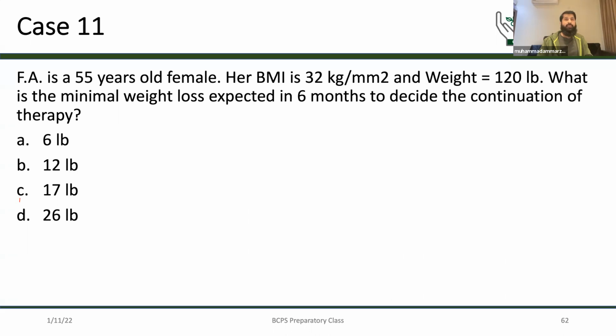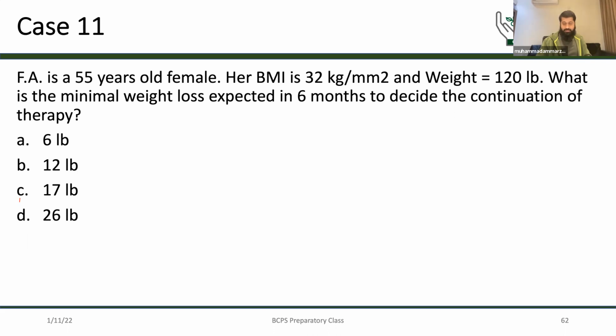A 55-year-old female, BMI is 32. Obviously, she is class 1 obese, weight 120. What is the minimal weight loss expected in 6 months? So we expect at least 5% weight loss in 6 months. So 5% of 120 is 6.